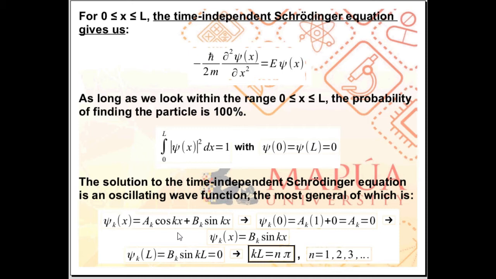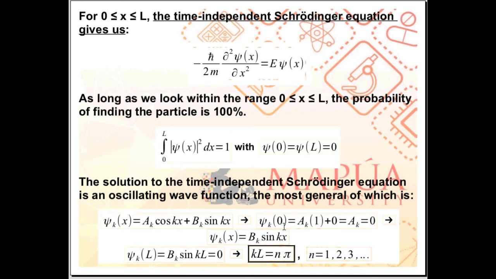Now, if we apply our border condition, psi of 0 is 0 and psi of L is equal to 0. So let's set x to 0 for psi.